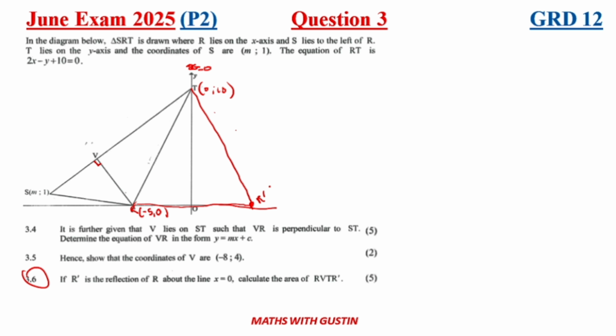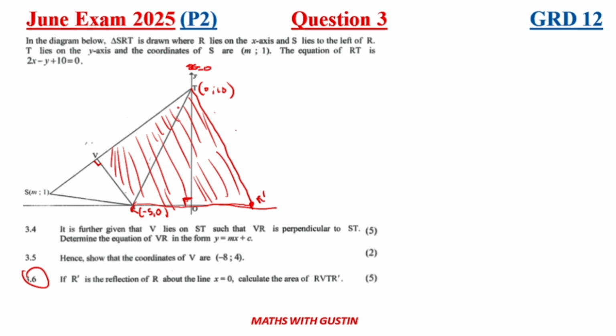Therefore R, we don't know the coordinates of R. But however, if you look at this, the y-axis is perpendicular. So in order for us to find the area, the area we're looking for is R, V, T, so we're looking for the area of this shaded image here. So this is the area that we're looking for, guys.